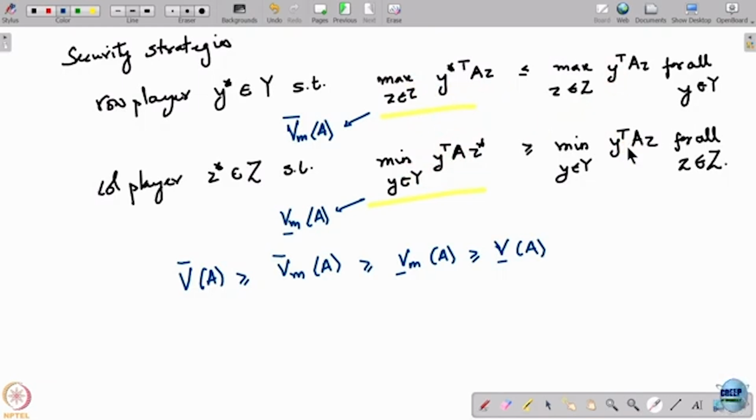Okay. So first let's just consider what exactly is the issue. Why do we need to look at this carefully? Why is it not automatic that a security level exists? If you see what we are doing here, the y star is the y that minimizes this expression. It minimizes the max over z of y transpose A z, right?